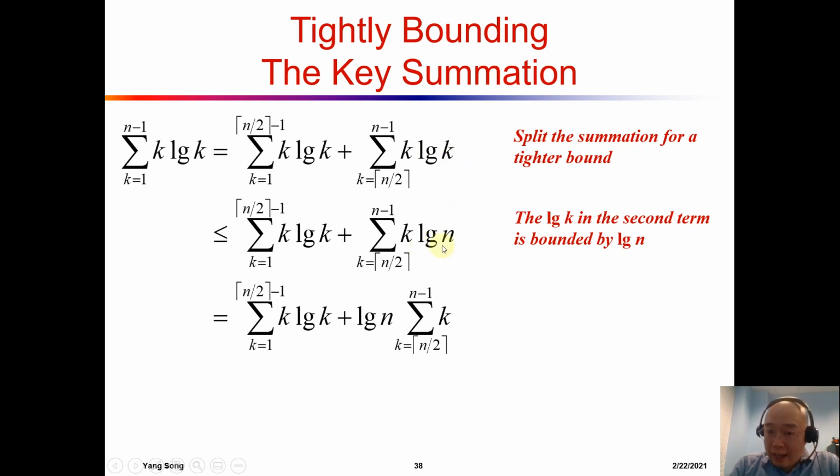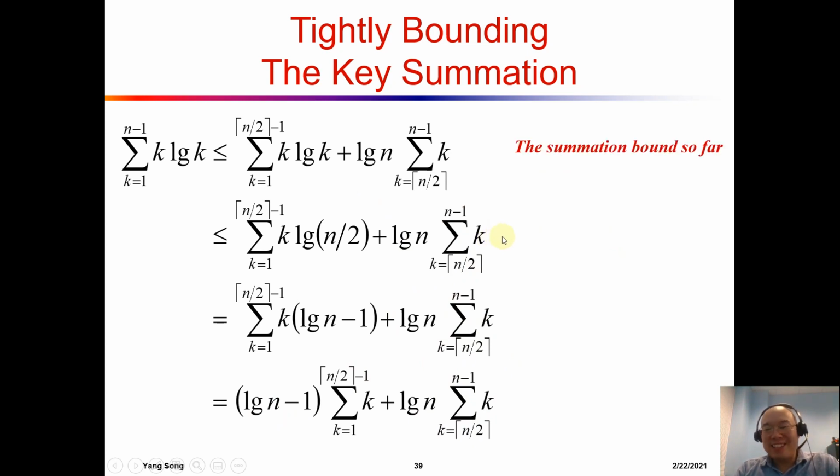The log n doesn't have the k inside it, so I want to extract the log n outside of this summation. So this log n will be extracted outside. Ta-da, we got the summation a little bit smaller, so hopefully that's easier.